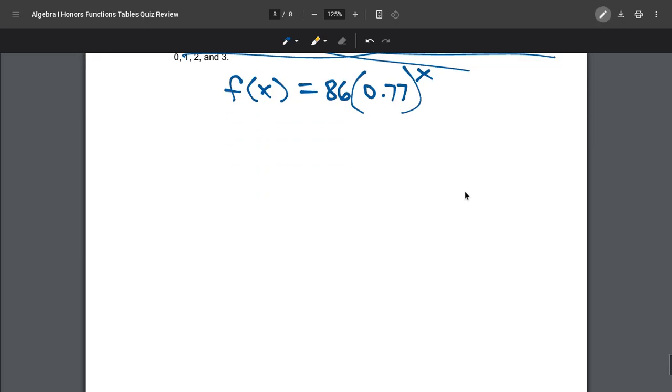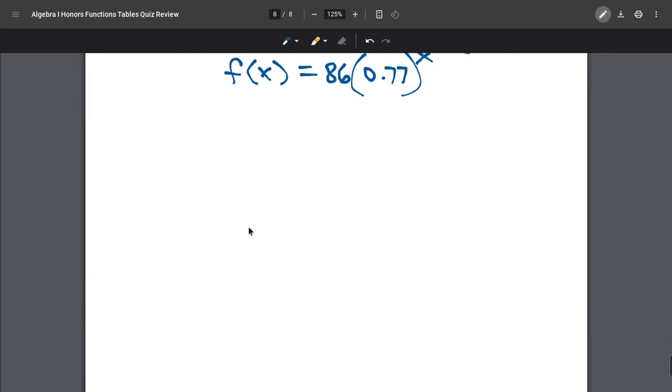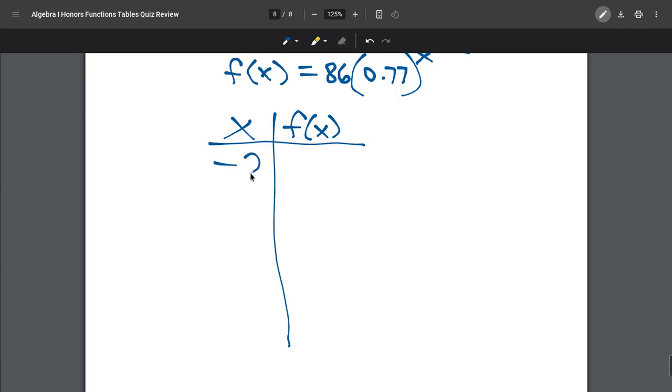That's what we're going to create the table for, and we want to go from negative 2 to 2. All right. So we'll set up our table here.